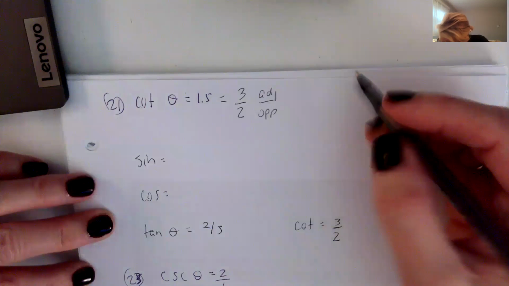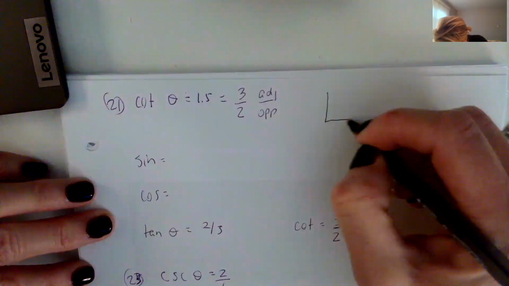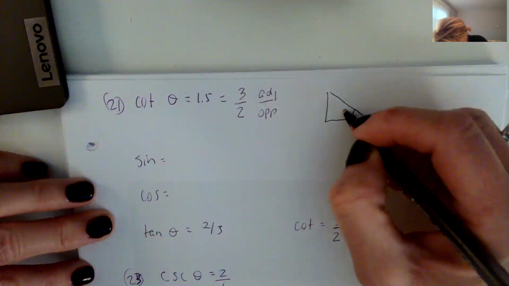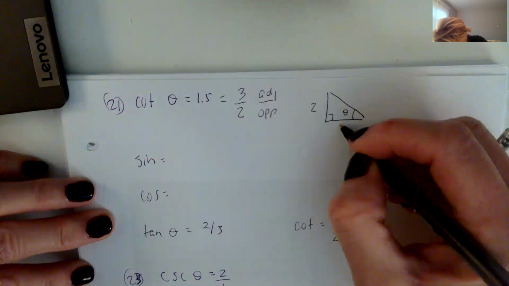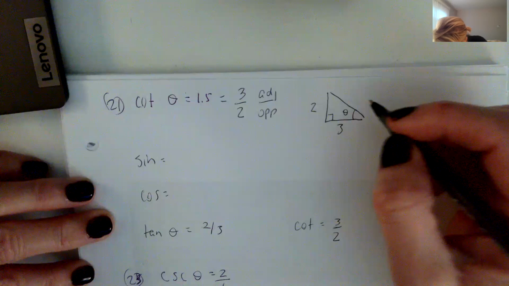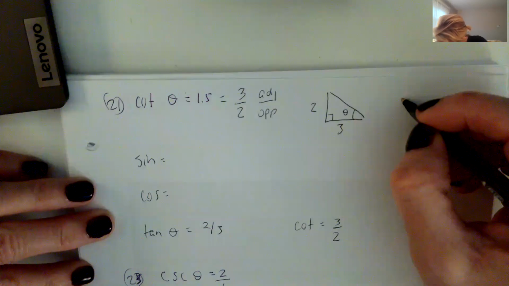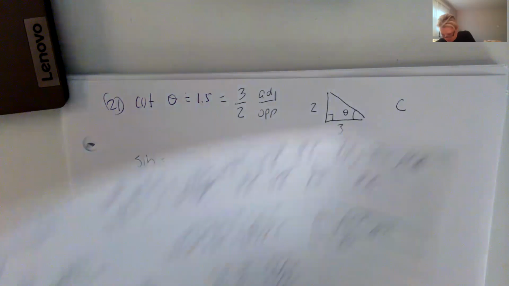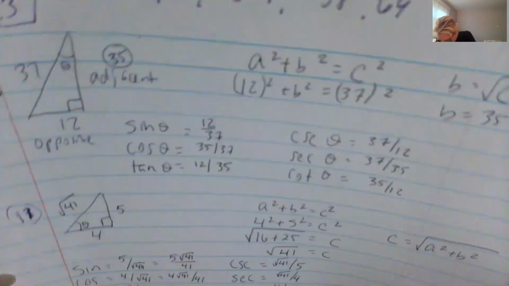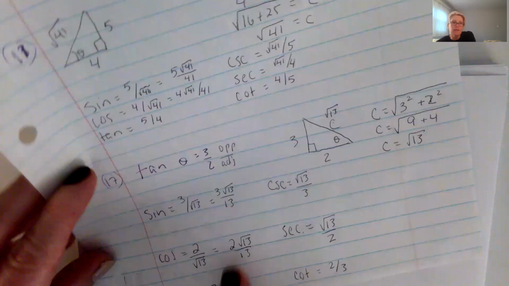And we can go up and draw our right triangle. So we know the opposite is 2 and the adjacent is 3. And so we need to find C. And that's funny because the one I just chose was the tangent of 3/2.